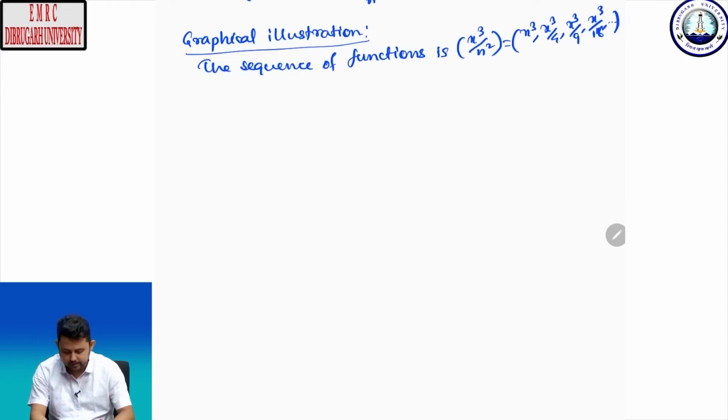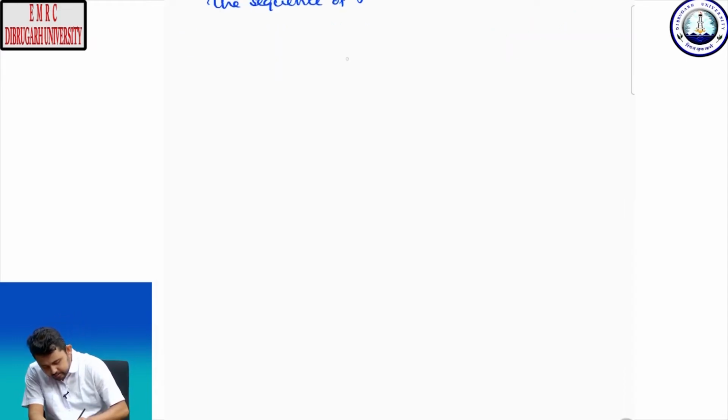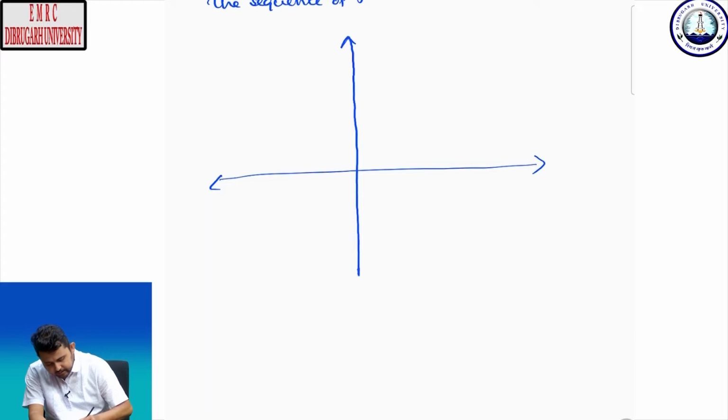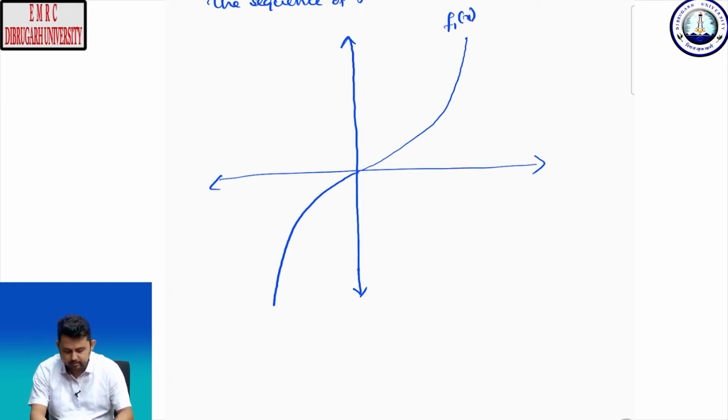So, first we shall draw the graph. The first term of this sequence of functions we have is f1(x) equals x cube, right. So, this is the graph of f1(x). Now, the second term of the sequence is x cube upon 4.